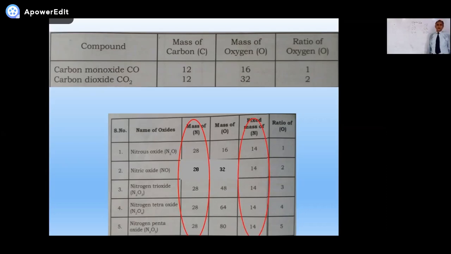The mass of nitrogen is divided by 2, it changes into 14, and oxygen is divided by 16, giving 1, 2, 3 and so on. So in the last 2 columns, the mass of nitrogen is fixed, whereas the mass of oxygen is in simple whole number ratio. Nothing so much explanation in it, just give 2 or 3 examples.